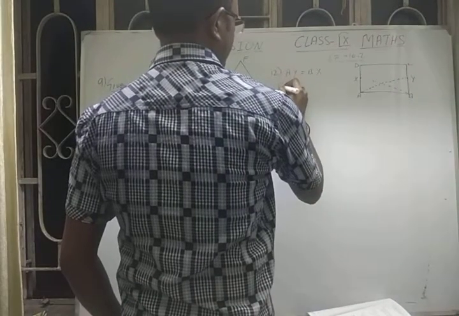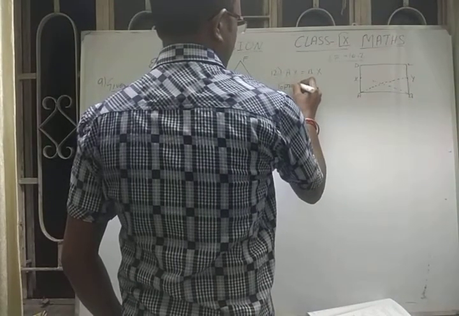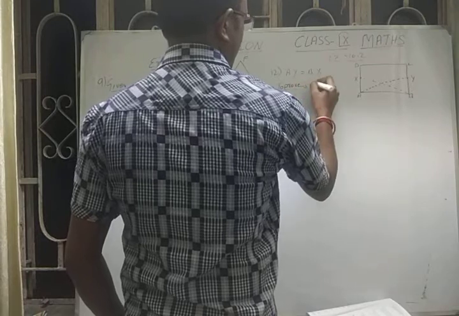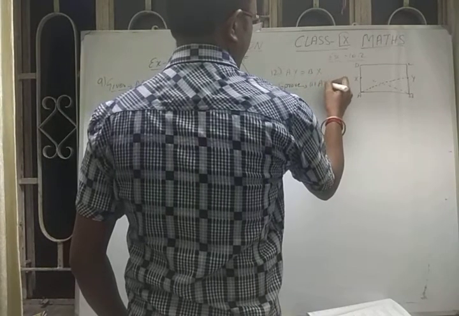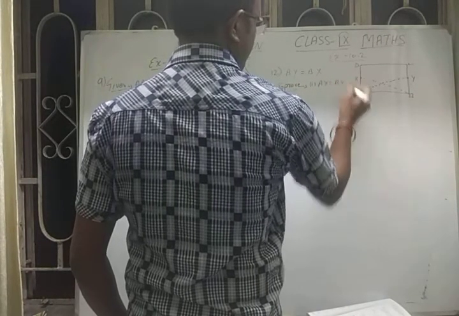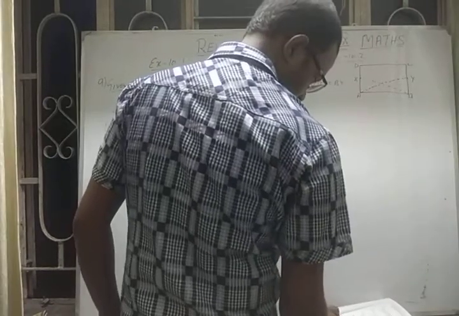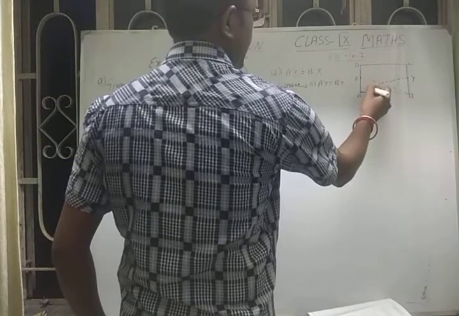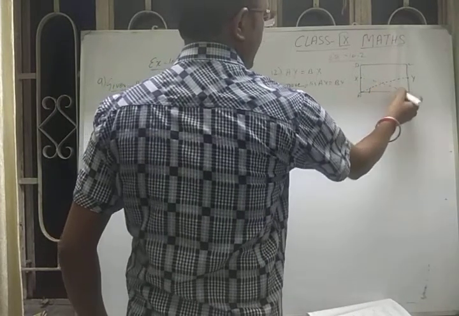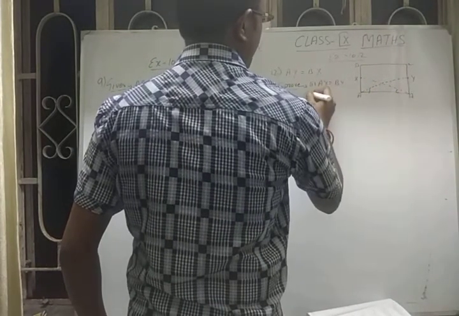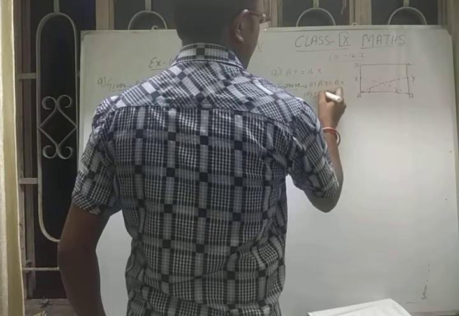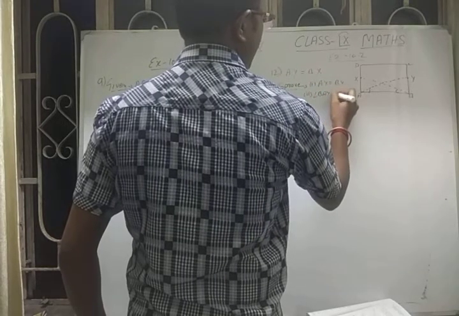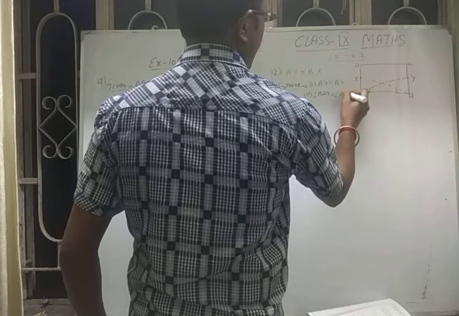So to prove, number 1, AX is equal to BY first of all. Then the second part, angle BAY and angle ABX, you have to prove equal. Angle BAY is equal to angle ABX.